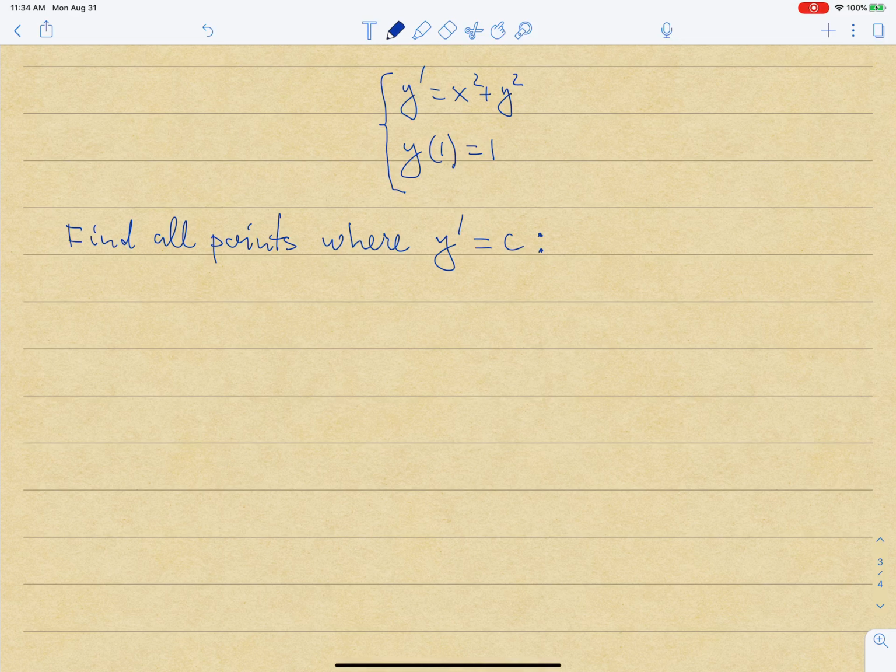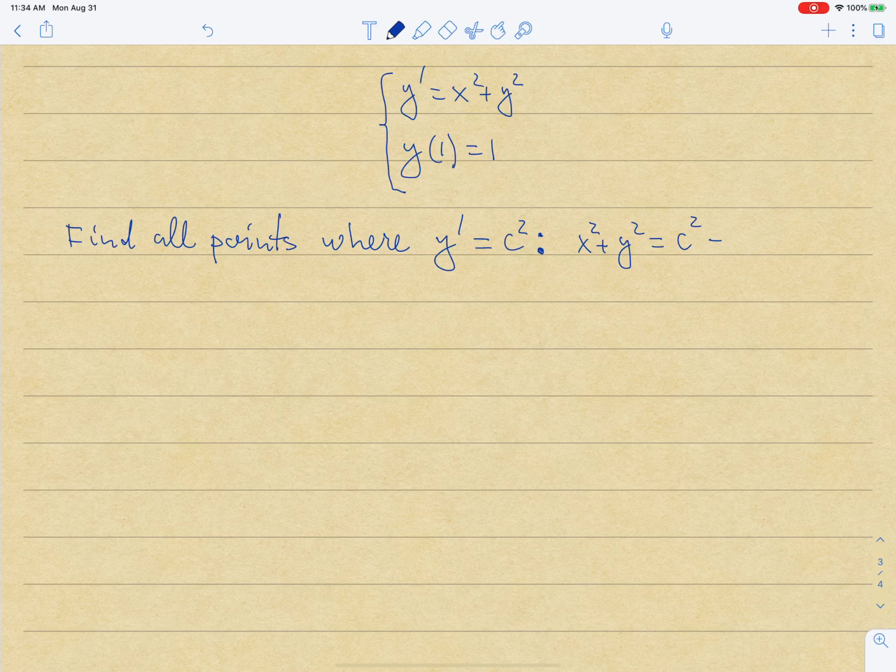Now, in this case, y prime is the same thing as x squared plus y squared. So I'm looking for all points. In fact, how about we do this? Where y prime is equal to, let's say, c squared. Because if c is a constant, then likewise c squared is a constant. So then I'm looking for all points where x squared plus y squared is equal to c squared.